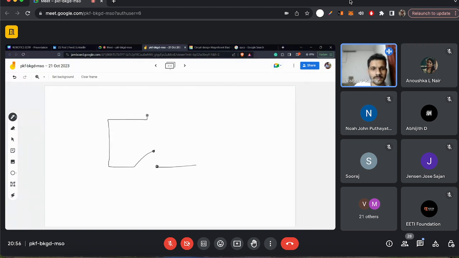Suppose I'm having a small LED over here. Here I'm having a small battery also. Suppose this is a 2-volt battery. Here is your switch, and here is your LED. So what will happen when I close this switch?